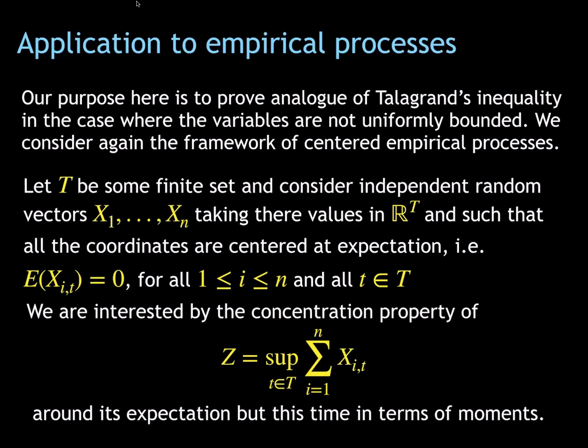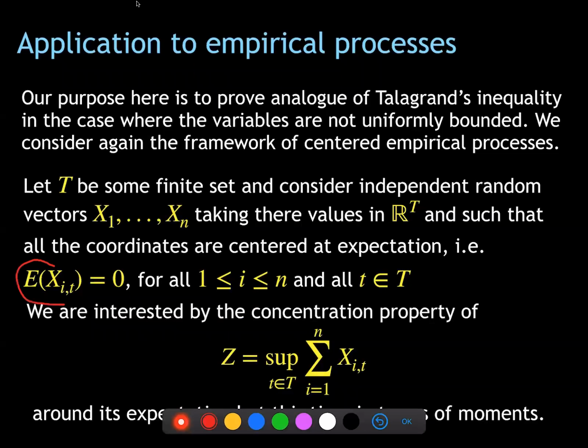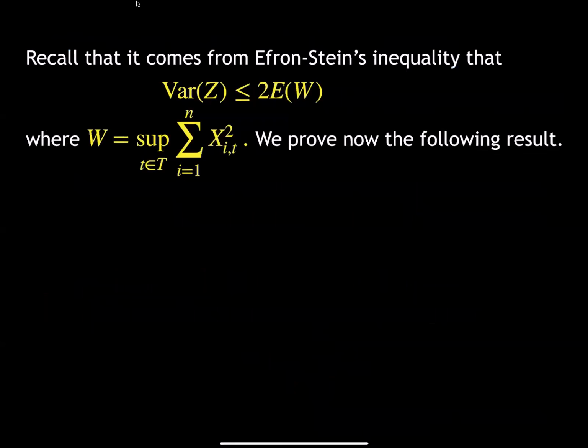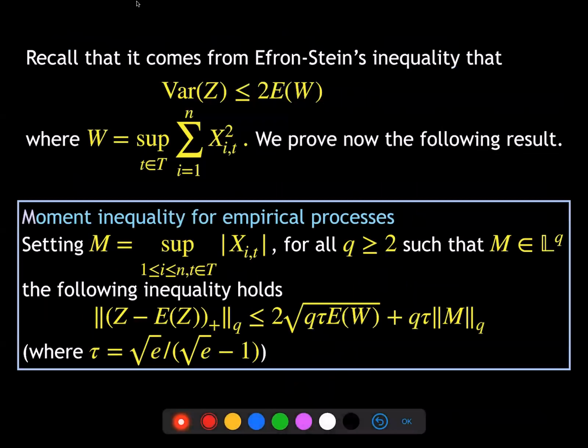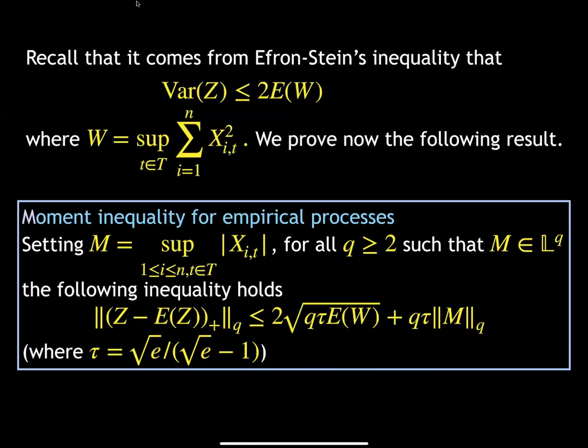We consider, again, a centered empirical process, which means that the variables here are centered. And what we want to analyze is the moments of the difference between Z and its expectation.